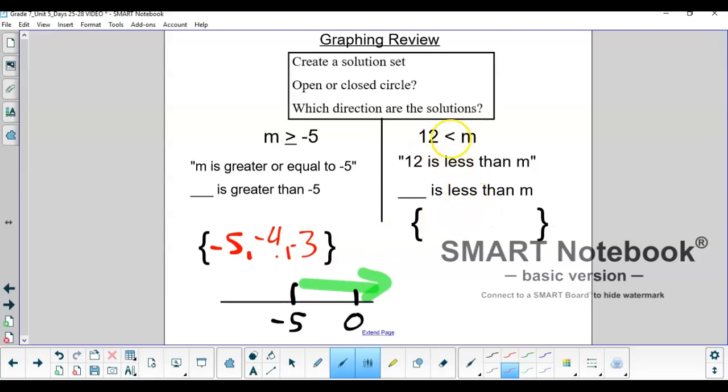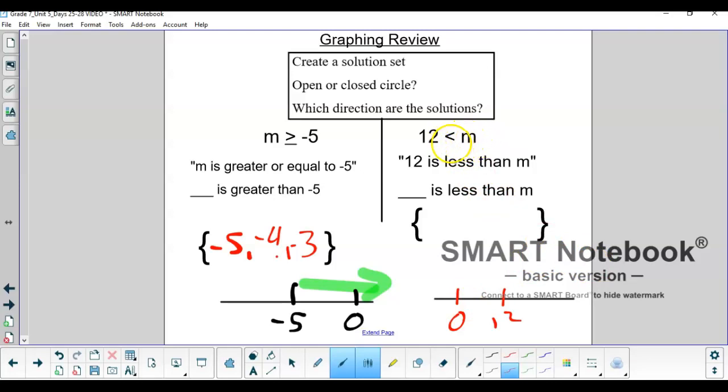This second one, this is where it gets a little bit tricky, especially when that variable's on the right side. We would read this as 12 is less than m. Again, if you need to use a number line to help you with this, by all means, set up a number line, set up where 12 is, and I know 0 would be to the left of that. Now, this is saying that 12 is less than m. So I need numbers that are actually going to be bigger than 12.